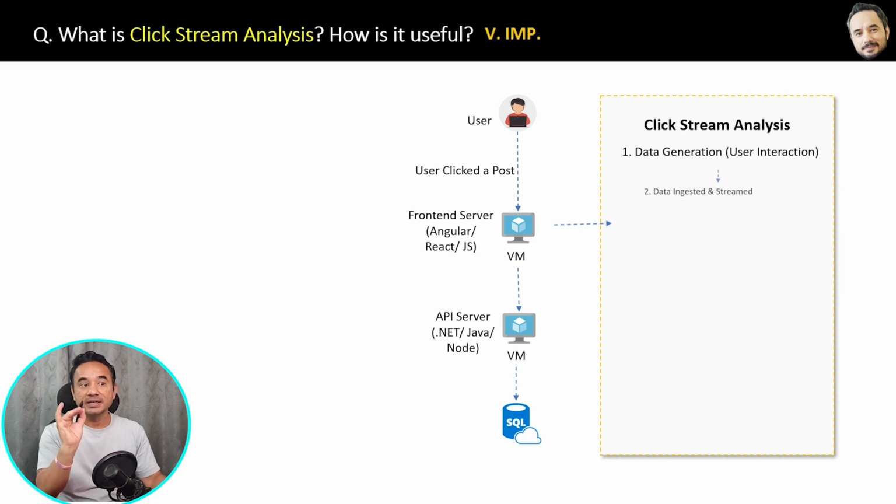The second step is data ingestion, meaning all your actions are captured and collected as events by Facebook. Streaming means everything is happening in real time: as soon as you do some action, Facebook immediately collects that event.